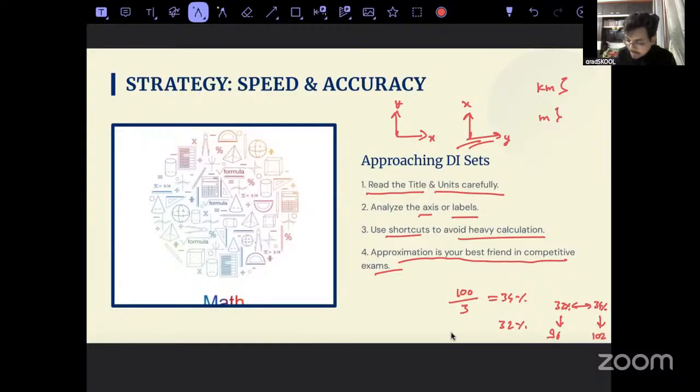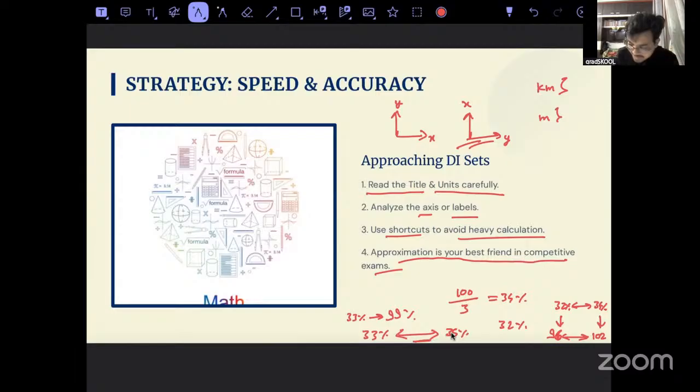So 100% lies between these two. What is 33% now? 99%. Again, better, between 33% and 34%. So the value lies somewhere between this.